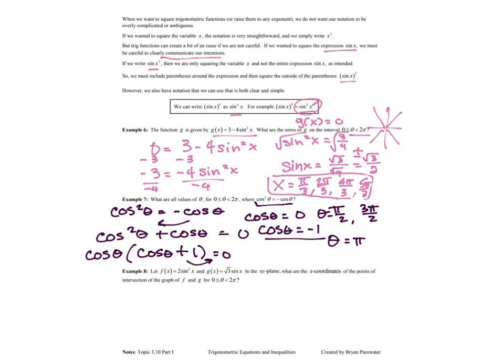Solid? Yeah. Cosine theta equals negative 1. That means I have a negative x. Negative 1 in x. That's going to be on the right side at pi. Left side. My right, your left. Yeah? So these are my three solutions. Pi over 2, 3 pi over 2, and pi.